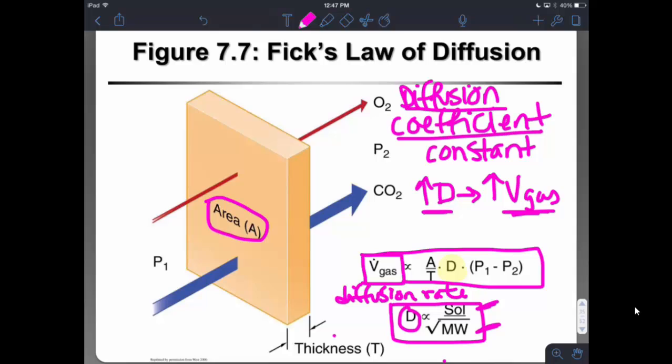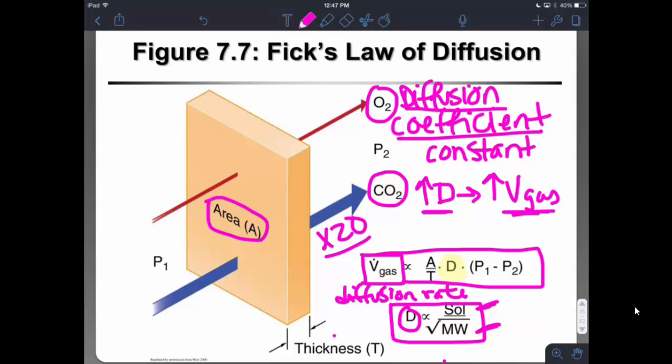If you look at this drawing, you have two arrows: oxygen and CO2. The reason the CO2 arrow is thicker than the oxygen arrow is because the diffusion coefficient for CO2 is 20 times higher than the diffusion coefficient for oxygen.